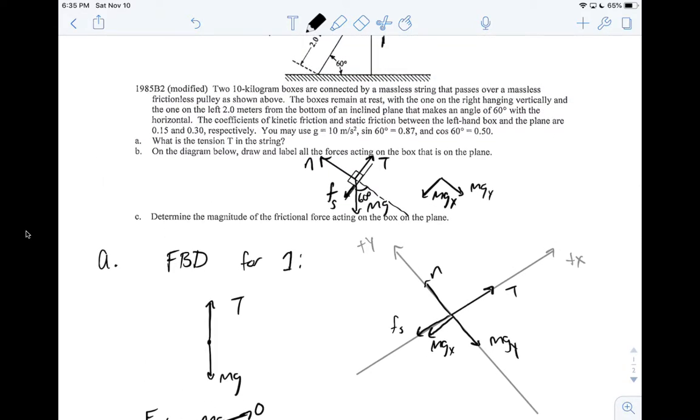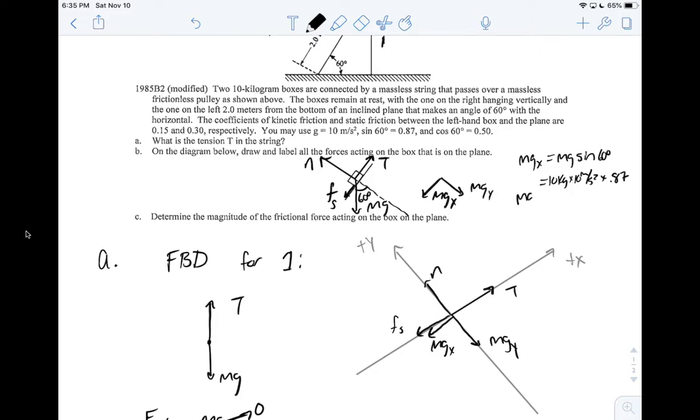So mgx equals mg sine of 60, which is equal to 10 kilograms times 10 meters per second squared times the sine of 60, which is 0.87.